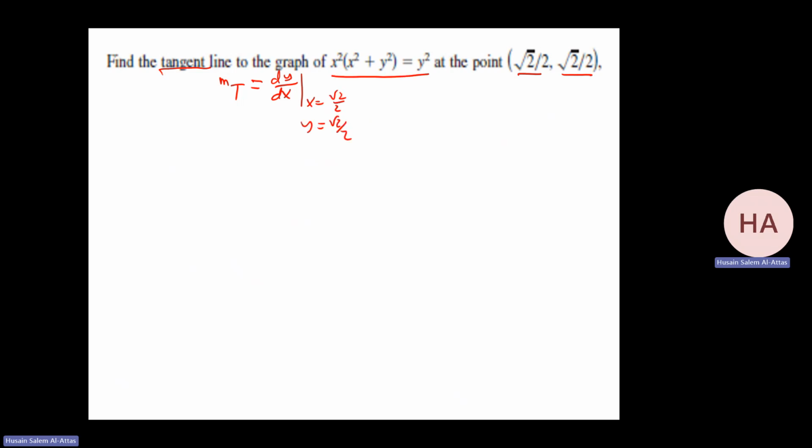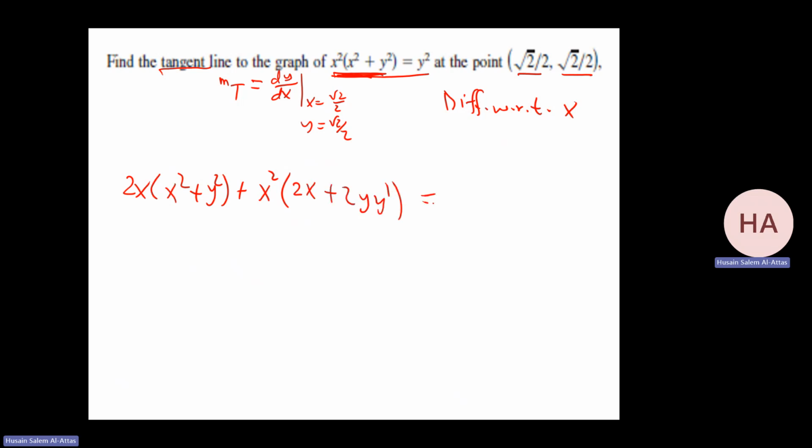Let me do the differentiation here, differentiating with respect to x. I have a product of two functions, so I have 2x times x squared plus y squared, plus x squared times the derivative of this, the sum of two functions, 2x plus 2y y prime, equal to y y prime.